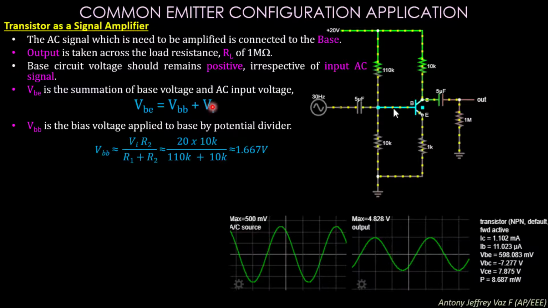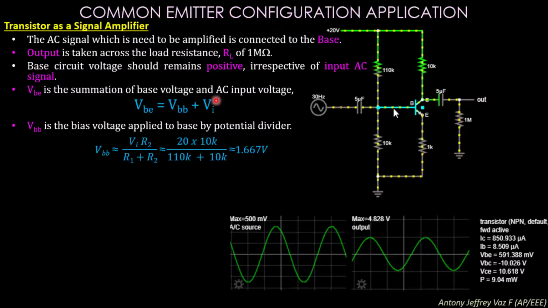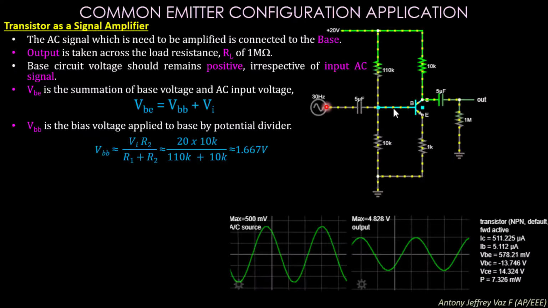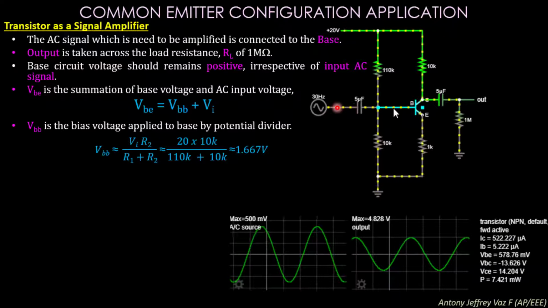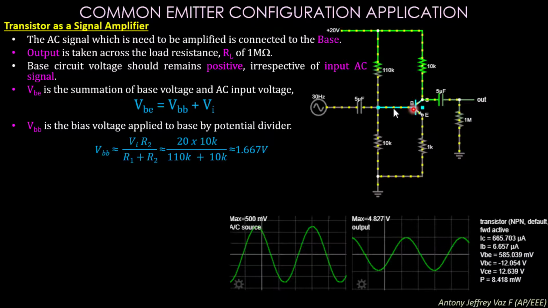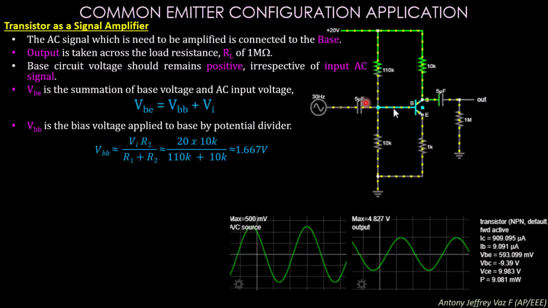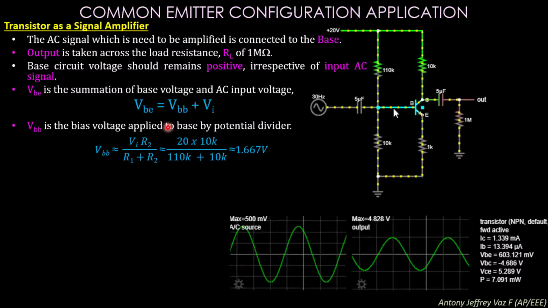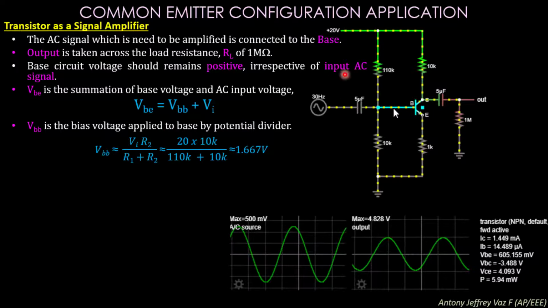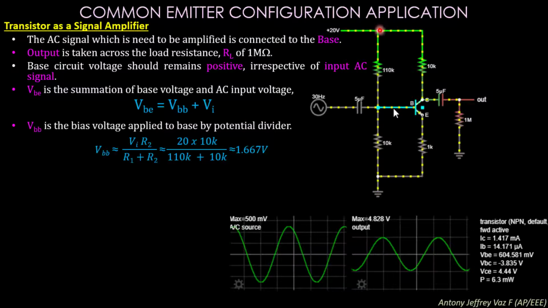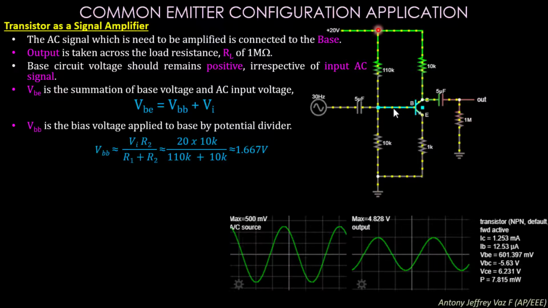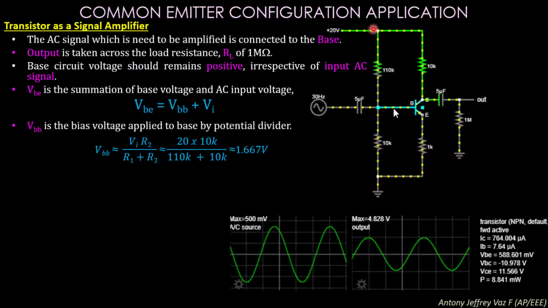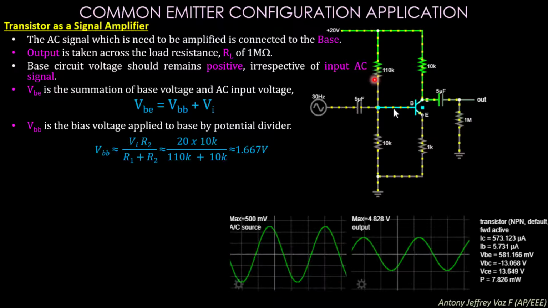Plus you will have a voltage of input, which is VI, provided by the sine wave. So these two voltages are applied to the base emitter terminal. In this case, the formula used here is an approximation, because the current is diverted into two parts. It does not completely enter the 110 kilo ohm resistance.